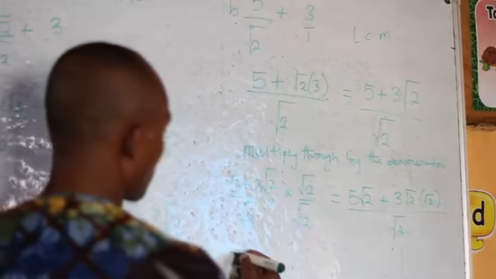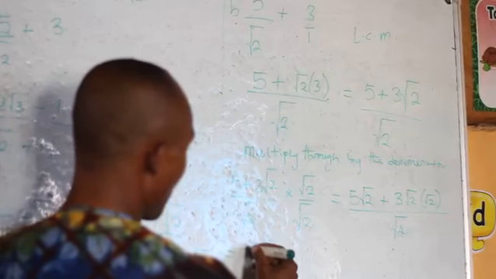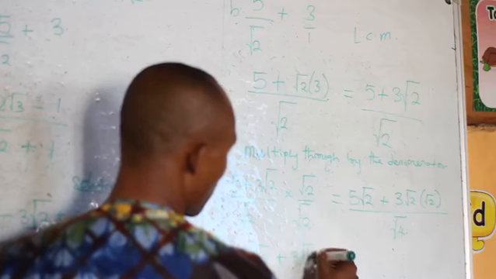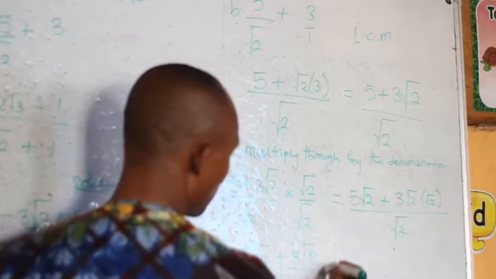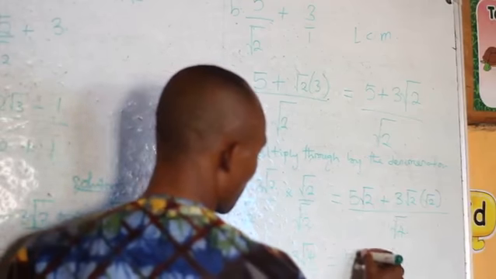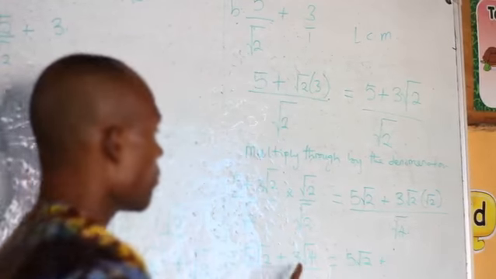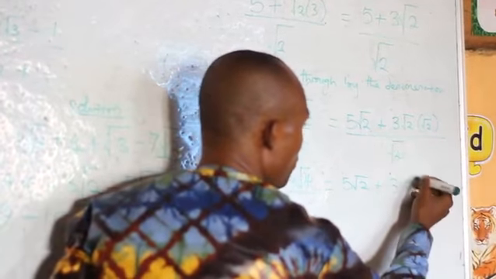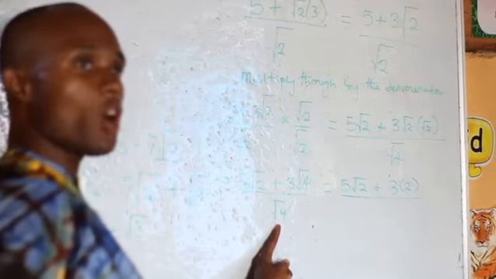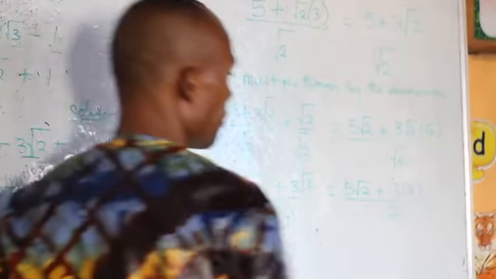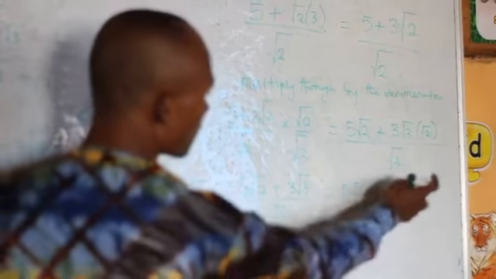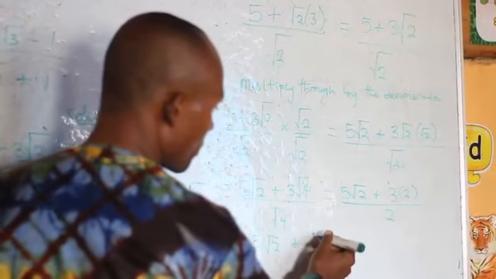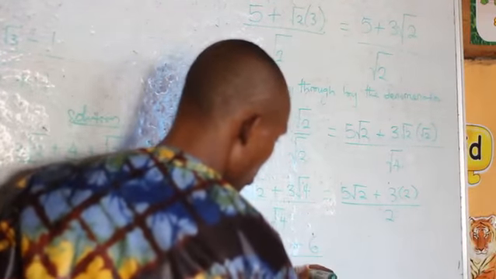Can we continue? So now let's bring them together. We have 5 root 2 plus 3 root 4 all over root 4. This becomes 5 root 2 plus, what is root 4? 2. So we have 3 multiplied by 2, divided by 2. 5 root 2 plus 3 times 2 is 6, divided by 2.